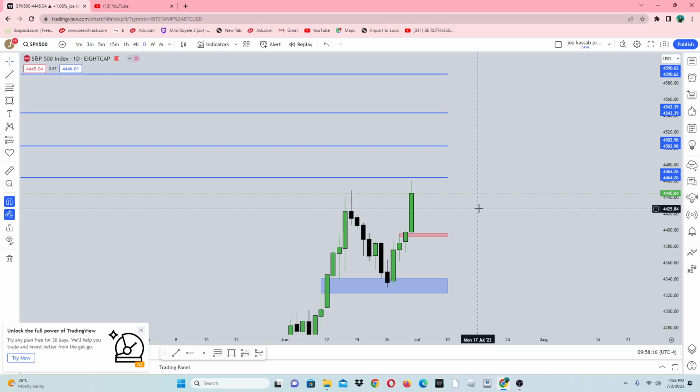1 to 2 trades per week is very good, with 1% risk management, with 1% risk and a very high probability trade, plus a very high risk to reward ratio. It can make you around 4 to 5% per week.